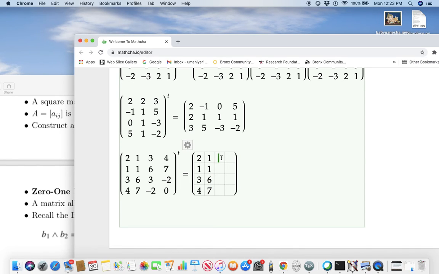Third row becomes my third column. Fourth row becomes my fourth column. Look at that. Did I get the same matrix back? Yes. So a symmetric matrix is a square matrix whose transpose is itself, and it's symmetric about the diagonal.